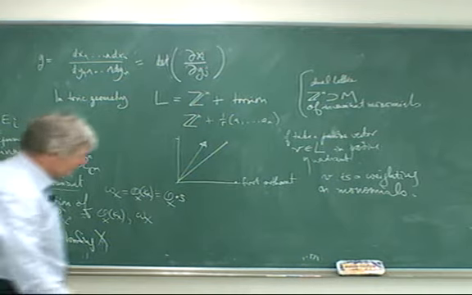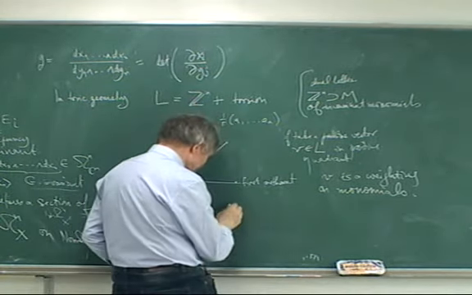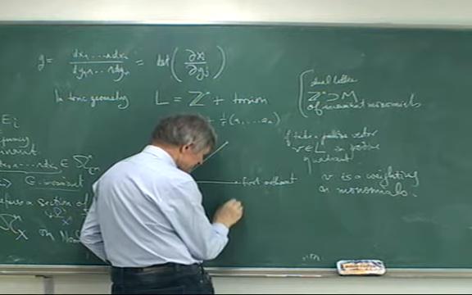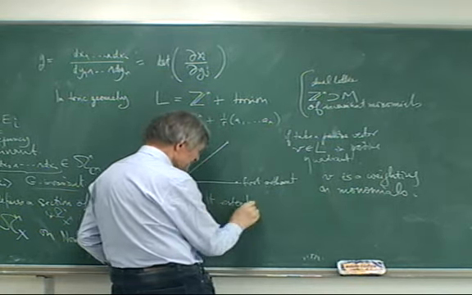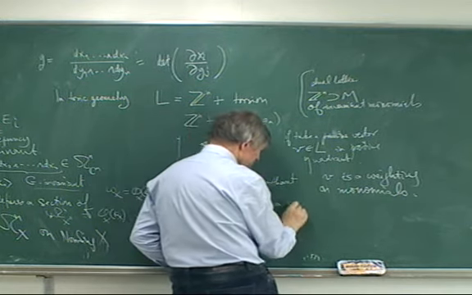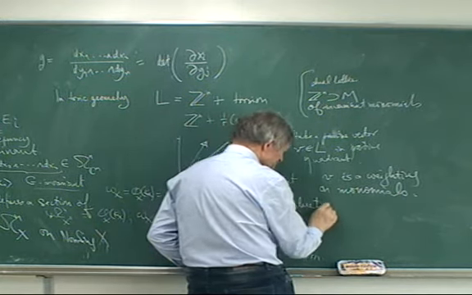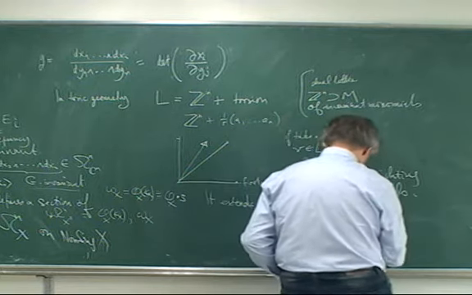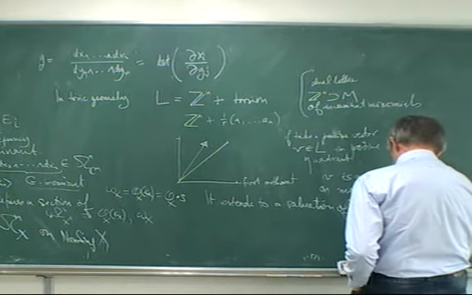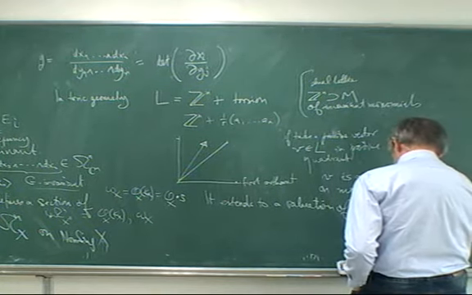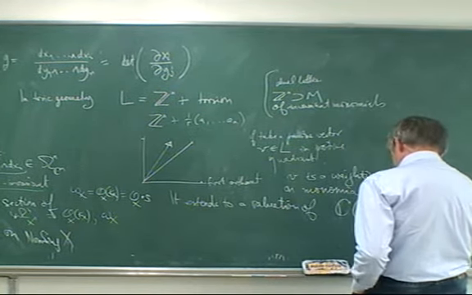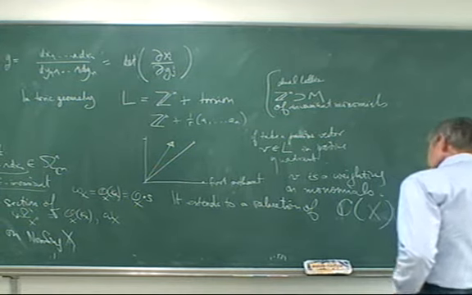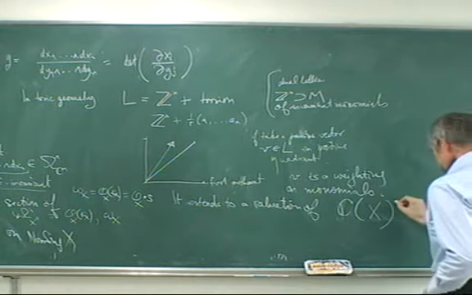So this V is a weighting on monomials, and it extends to a valuation of the invariant function field. Let me write C of the quotient X for the function field.